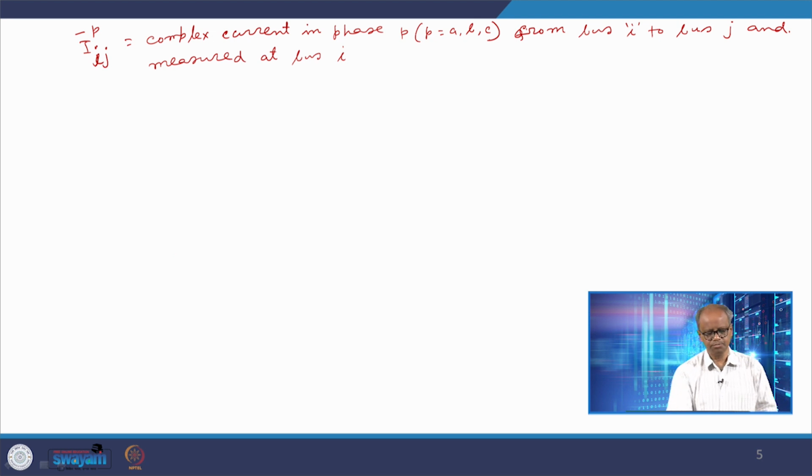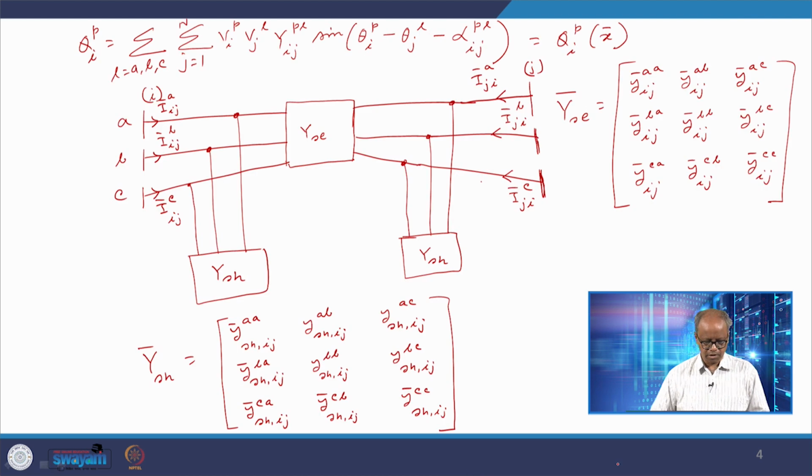So, I IJ P means this is the complex current moving from bus I to bus J in phase P, but it is also being measured at bus I. For example, here we say I IJ is here. So, this is the current from bus I to bus J measured at phase A, I IJ A, I IJ B, and it is being measured at bus I.